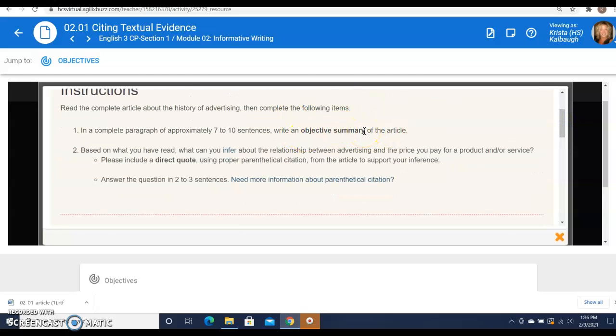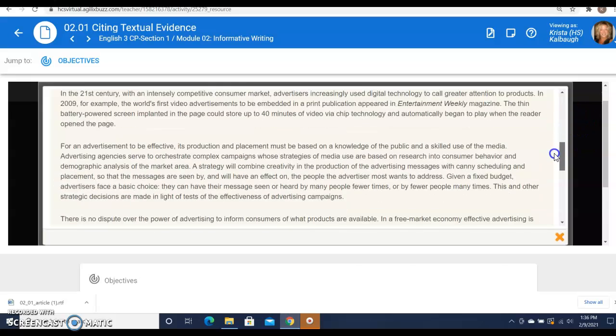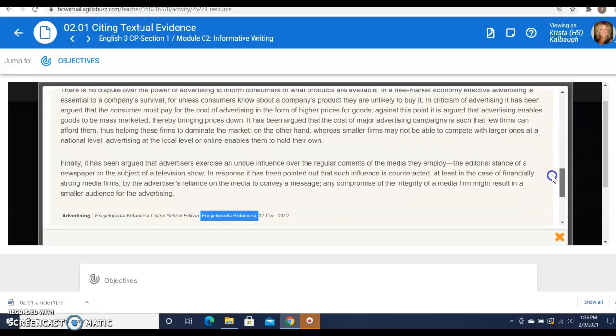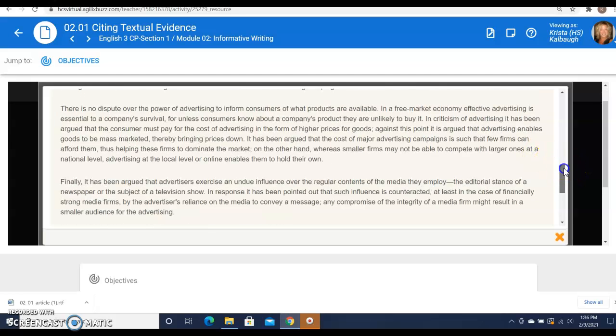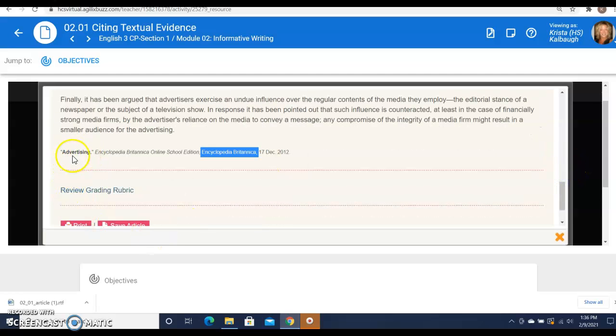I think, I feel, I believe. No, it's informative writing. Just state it. And don't use I in this. Okay. Just state it. So that is part one. Summary of this article in your own words, but again, letting me know where this article is coming from.